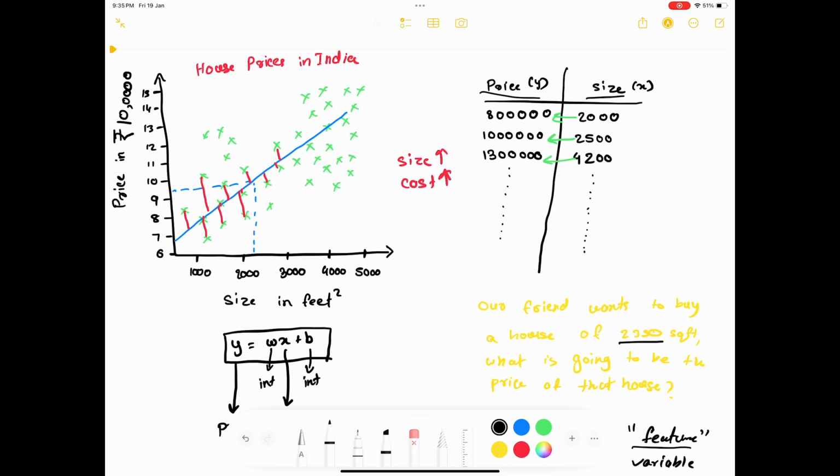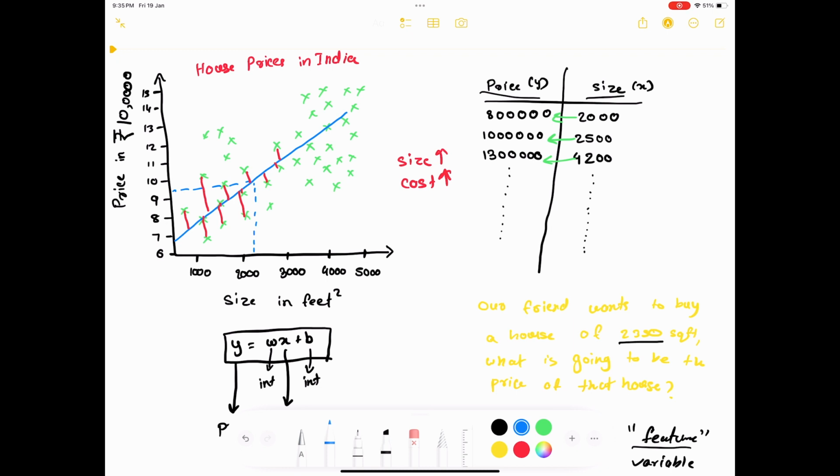So we want to predict the prices of houses based on size, but we can also include other information, which will be a more complicated algorithm, such as location, or how old the building is, how tall the building is, any number of things.